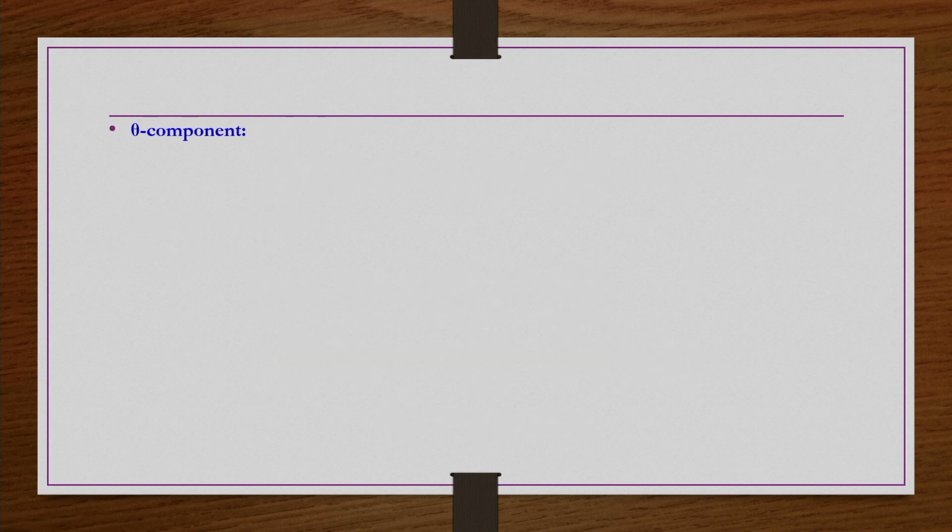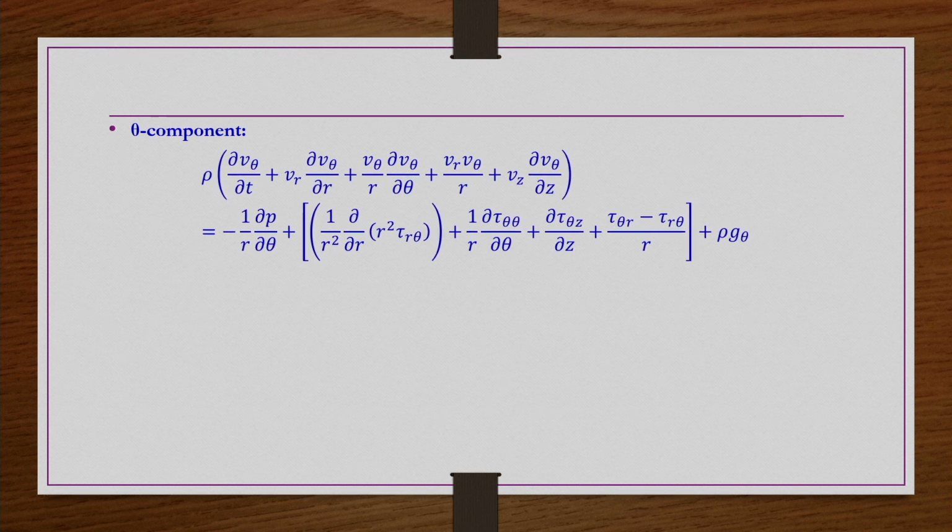Similarly, let us simplify the theta component of the equation of motion and see what we get. Because of the steady state, this term is 0. Vr is not existing, V theta is not existing, and because of symmetry this term is 0. Vr and V theta both are 0. Vz is existing, but V theta is not existing, and dou by dou z of any flow variable is 0 because of the fully developed flow.